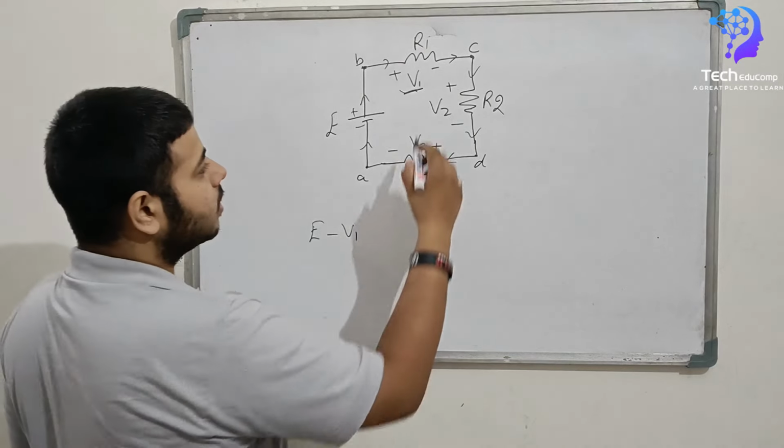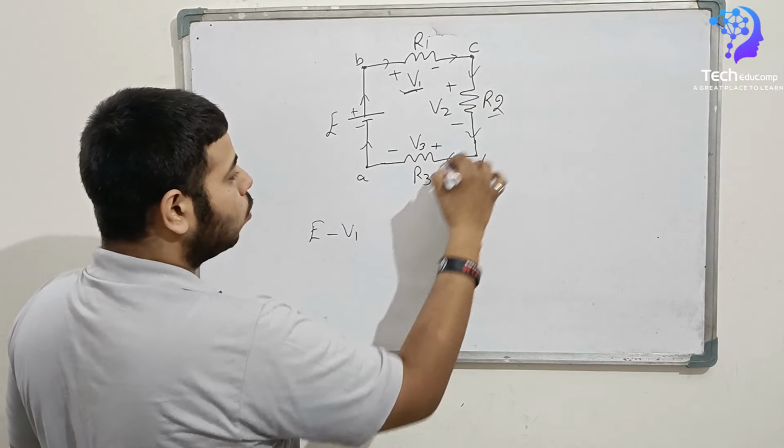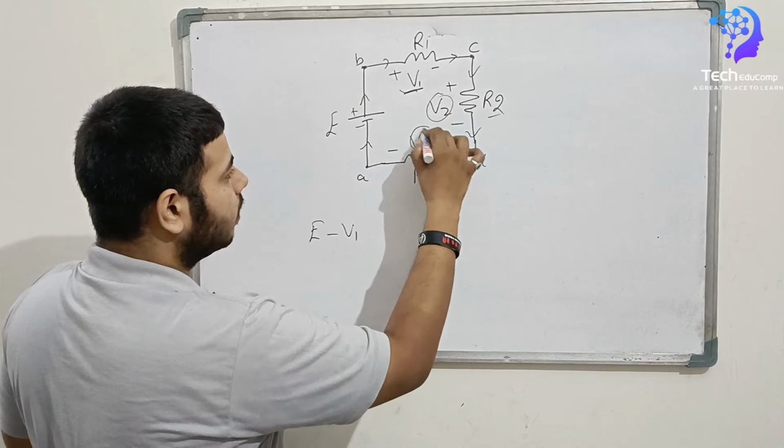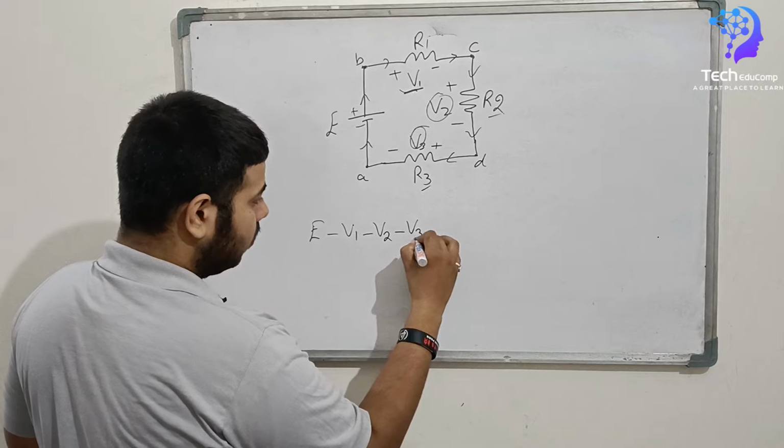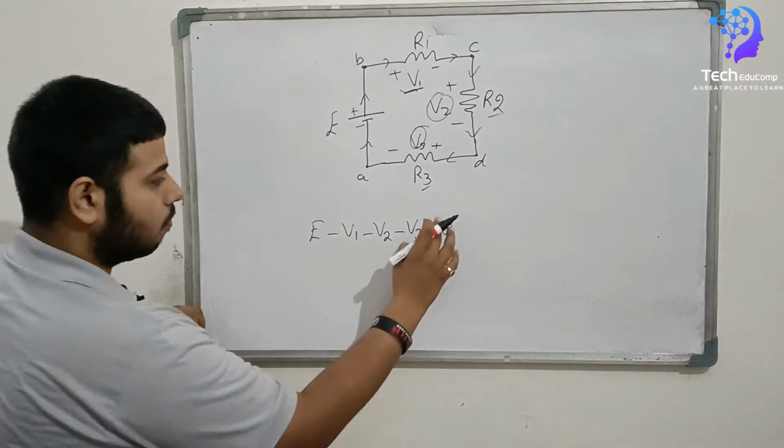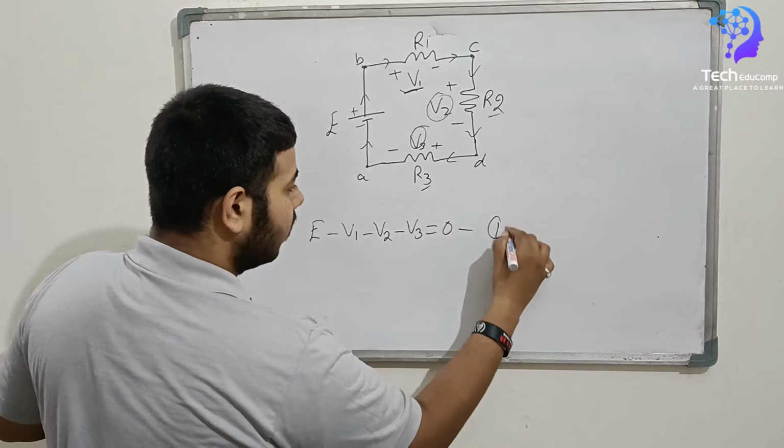Similarly the same thing happens around R2 and R3, where we observe the voltage drops V2 and V3. So E minus V1 minus V2 minus V3 must be equal to 0. This is equation number 1.